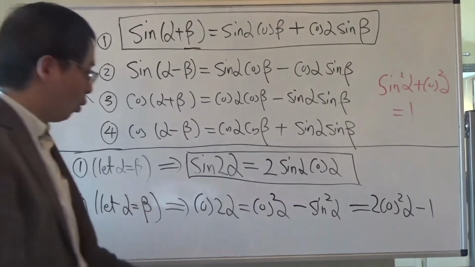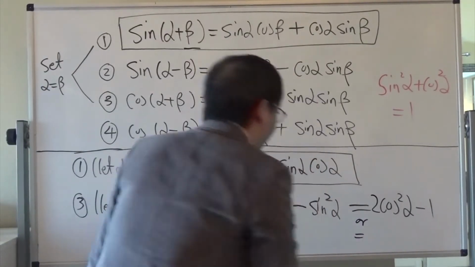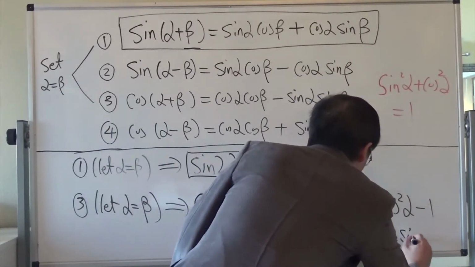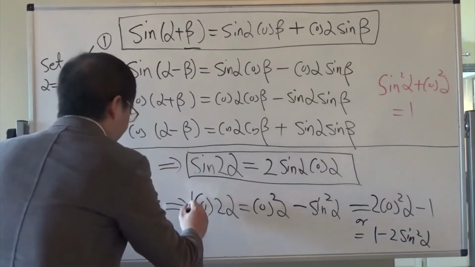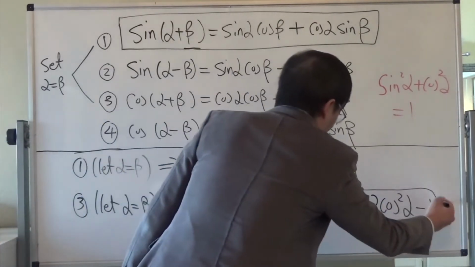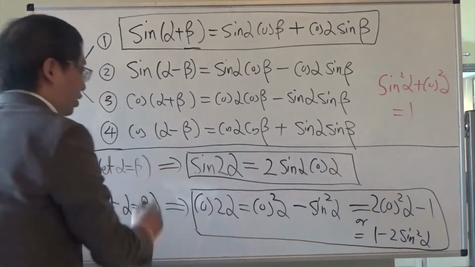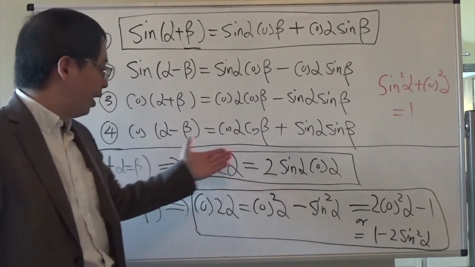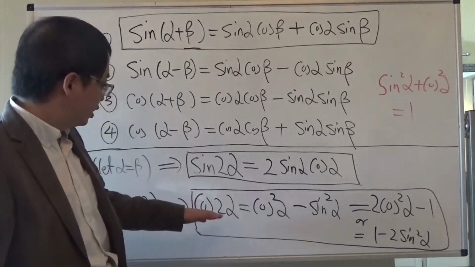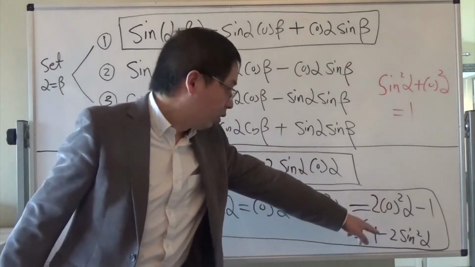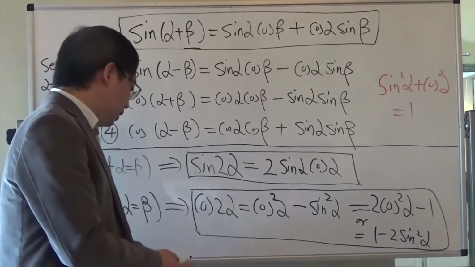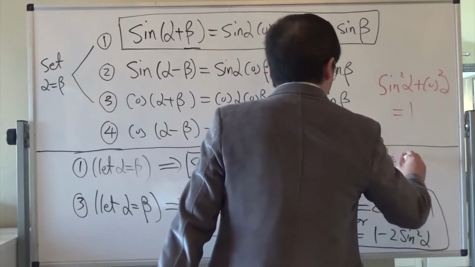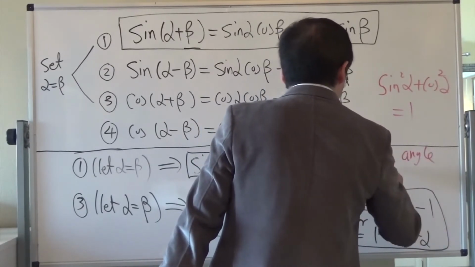If we go with sine alpha, we get 1 minus 2 sine alpha squared, and this is another double angle formula on the cosine part. So these two together, sine 2 alpha equals 2 sine alpha cosine alpha, and cosine 2 alpha equals this or that, are called the double angle formulas.